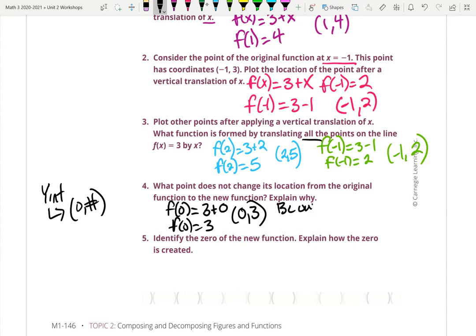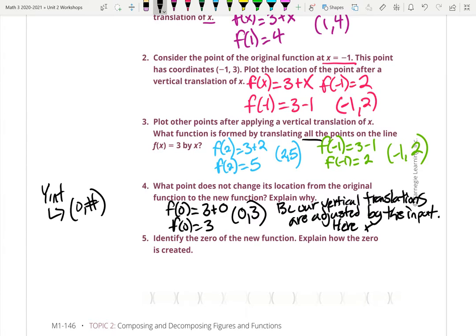Because our vertical translations are adjusted by the input. Here, x is 0. So 0 vertical movement. It does not move.